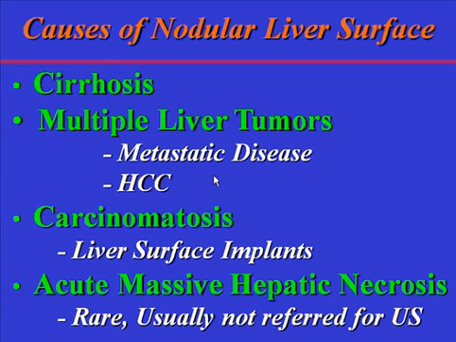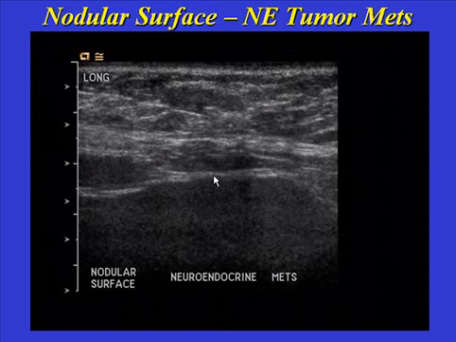Now, cirrhosis is not the only cause of nodular liver surface. You can get this with multiple liver tumors, metastatic disease, HCC. You can get it with peritoneal carcinomatosis, where there are implants on the surface of the liver that can cause difficulties. You can get it with acute massive hepatic necrosis, but this is rare, and we don't usually get these people in ultrasound.